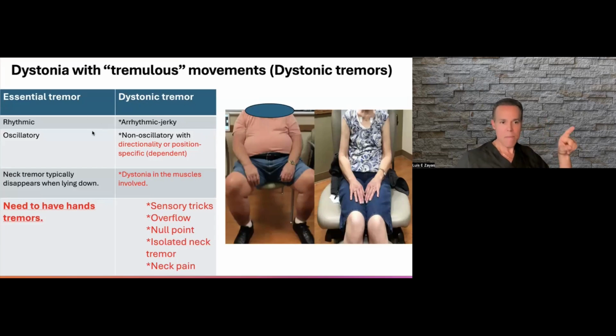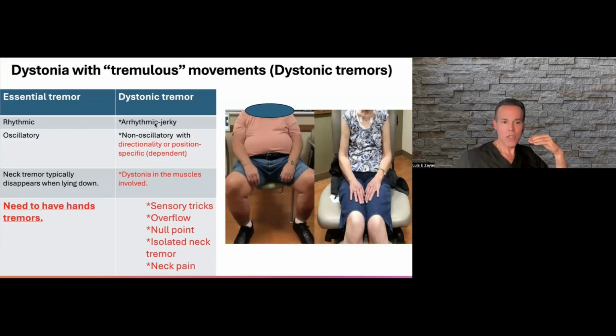Number one, as I mentioned before, in essential tremor it has to be rhythmic, but not always. Sometimes patients with essential tremor look very jerky, okay? Now in dystonic tremor, they are really very, very jerky. Another characteristic of essential tremor is the oscillatory pattern, right?